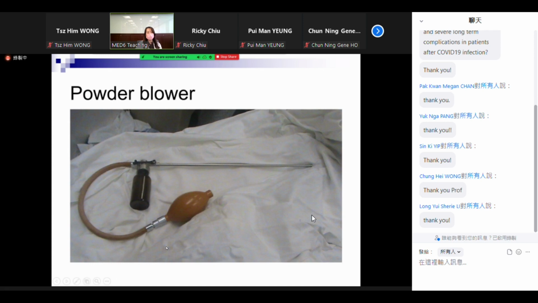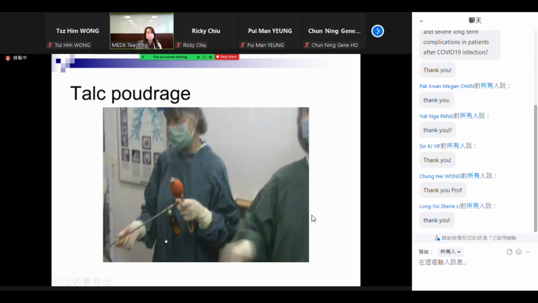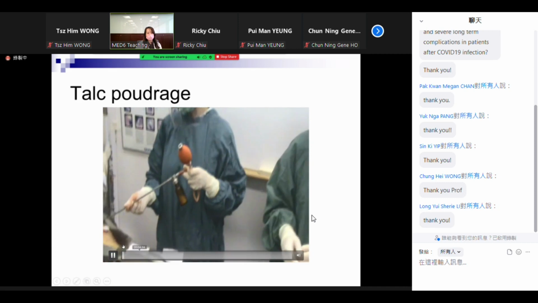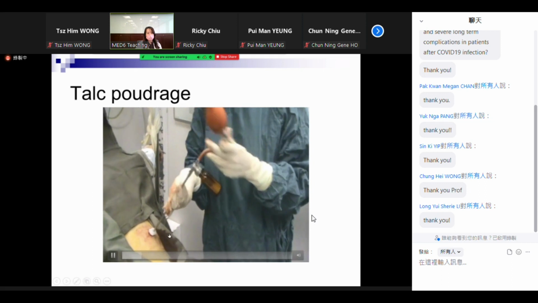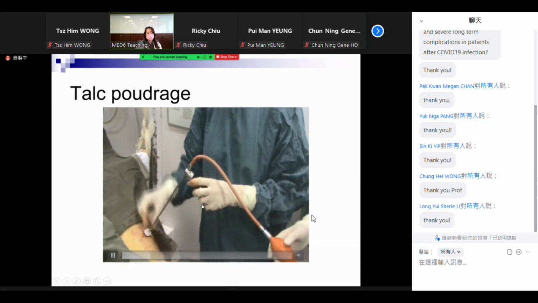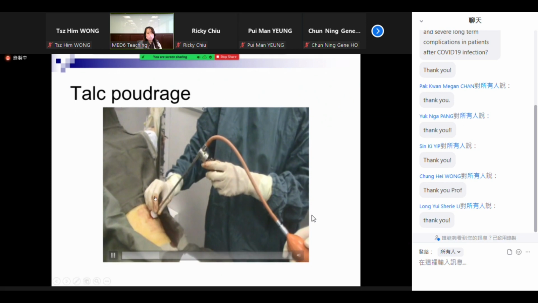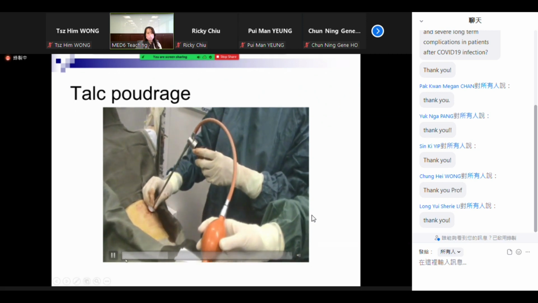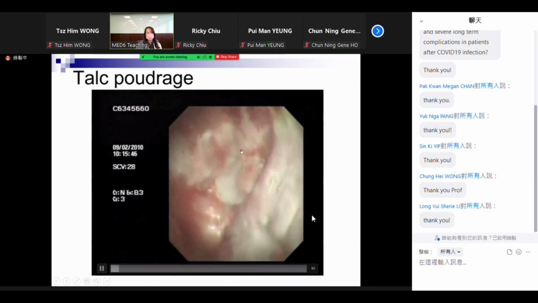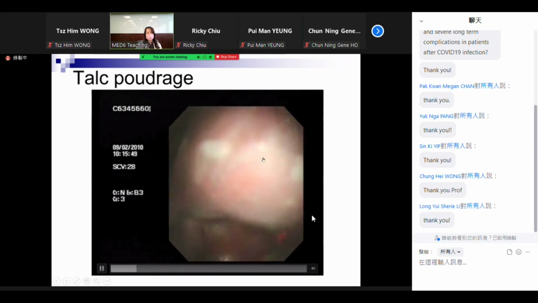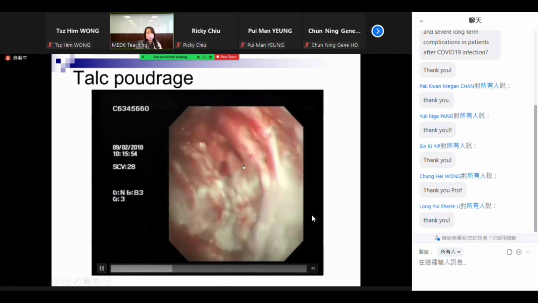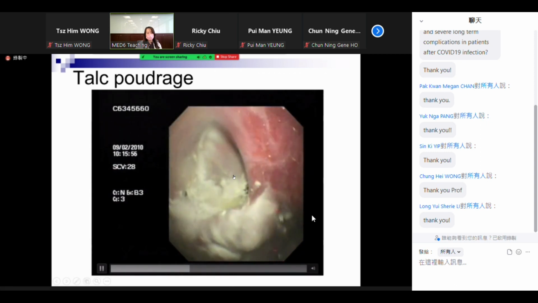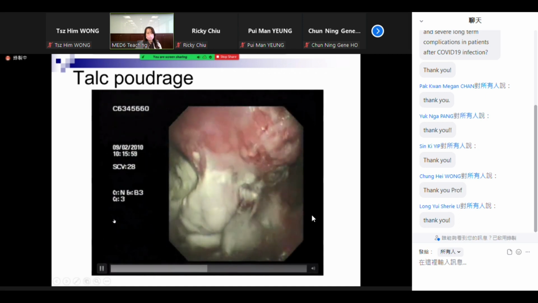When we do thoracoscopy, we can insert this powder blower and blow the talc over the pleura. After insufflating the talc, you can see this snow-like appearance of talc. The talc is dispersing over the pleural space to achieve chemical pleurodesis.